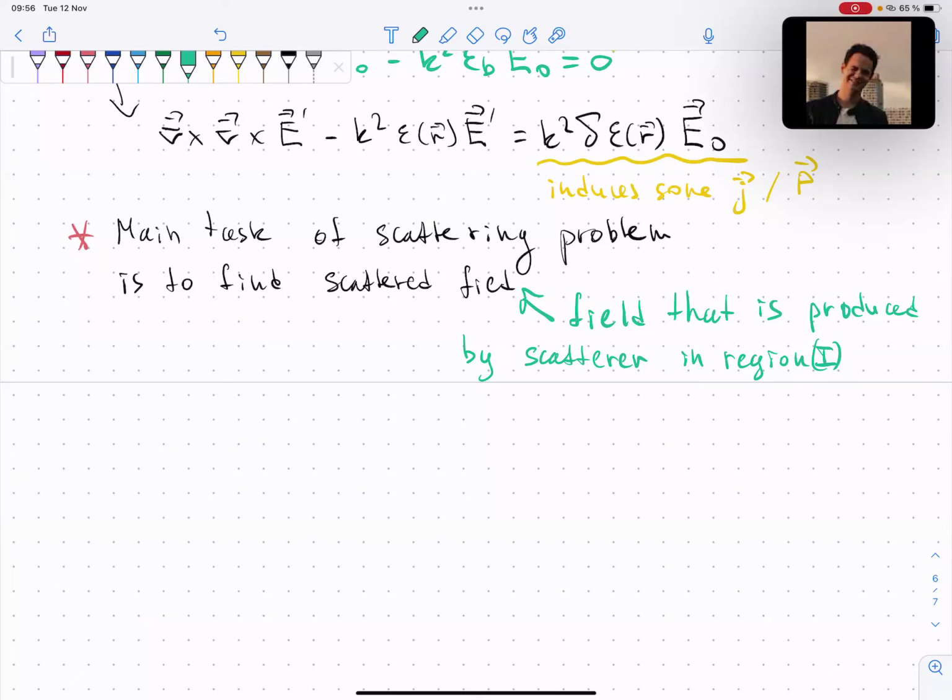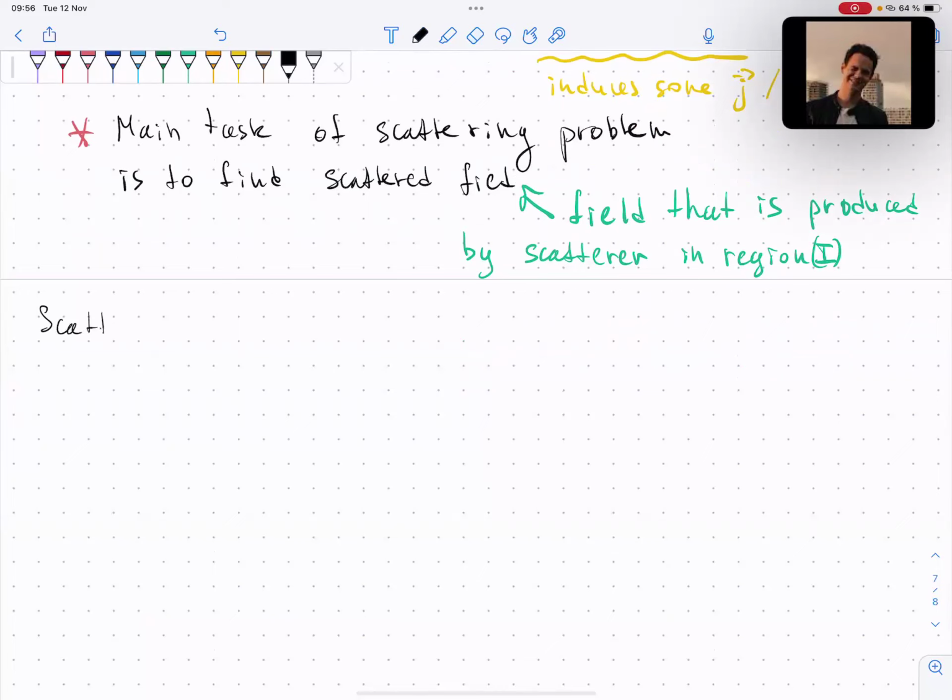Because of this, people introduced several quantities, which are called scattering and absorption cross-section, and these are defined in the following way. The cross-section, let me write it.